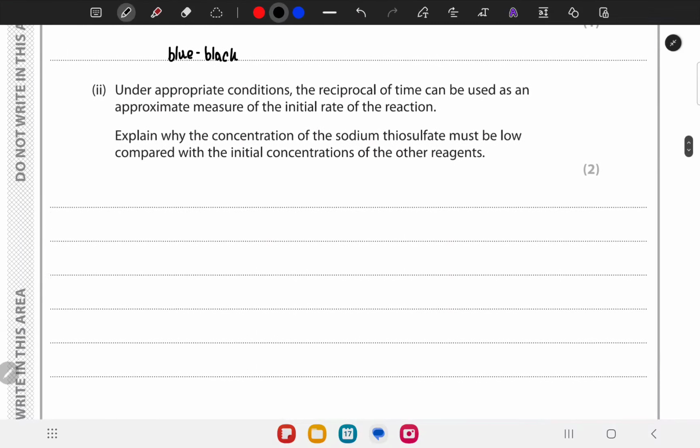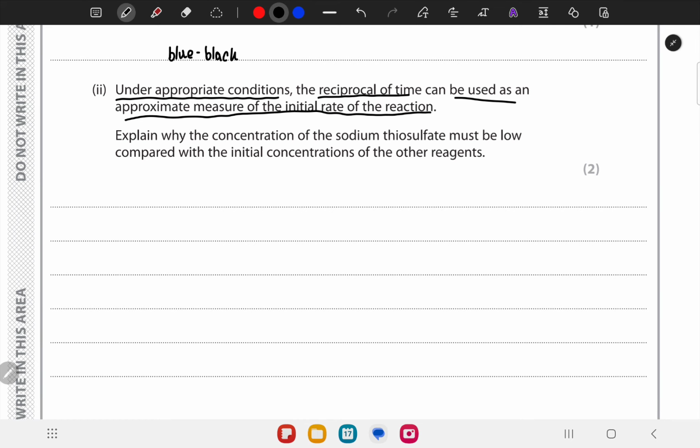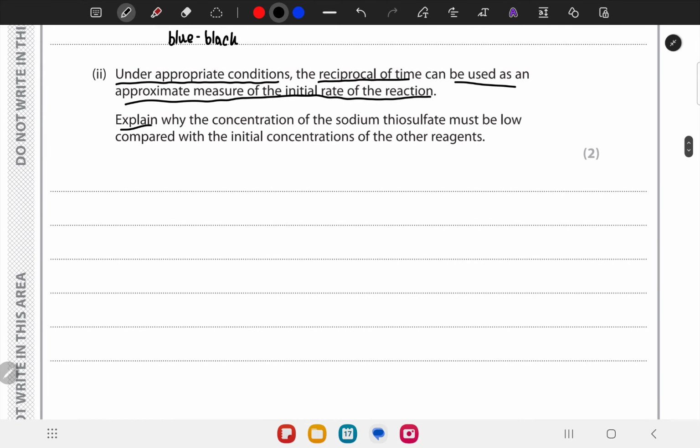Now in part 2, we're told that under appropriate conditions, the reciprocal of time can be used as an approximate measure of the initial rate. We have to explain why the concentration of sodium thiosulfate must be low compared to the initial concentration of other reagents.